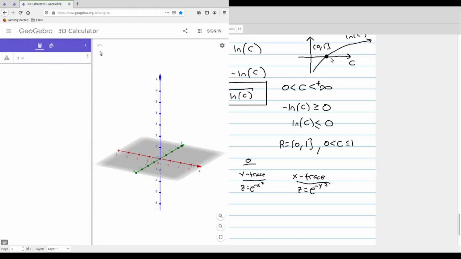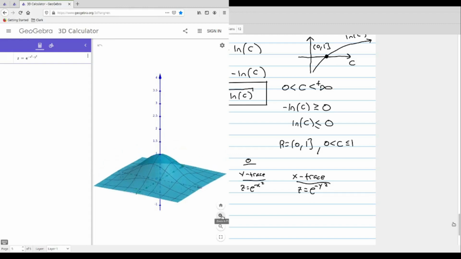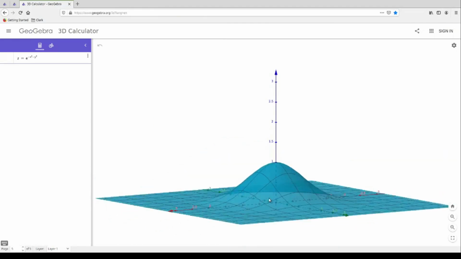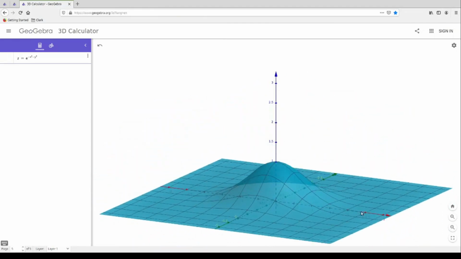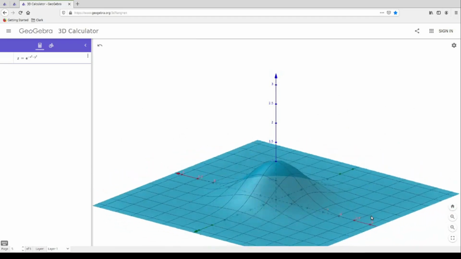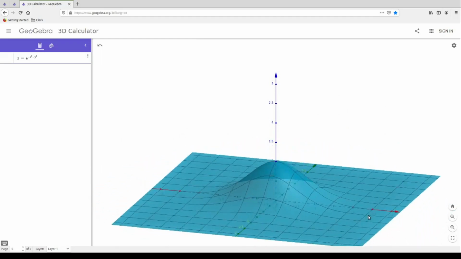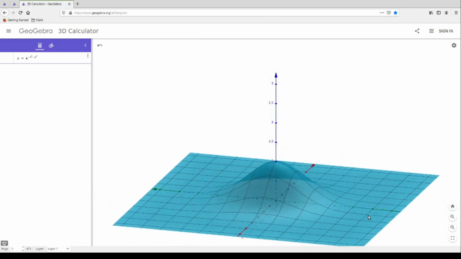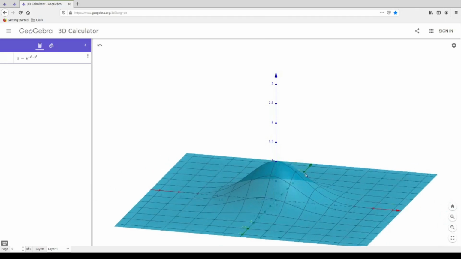Here's z equals e to the negative x squared minus y squared. And you can hopefully see very clearly now that this is exactly the shape that we get. We get this bump shape, which is the function e to the negative x squared plus y squared. So this method of traces is a very good method of visualizing, and we can see very clearly that the level curves of this function are exactly what we would expect.